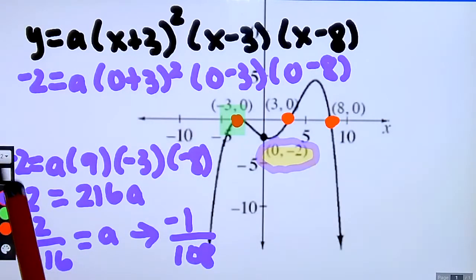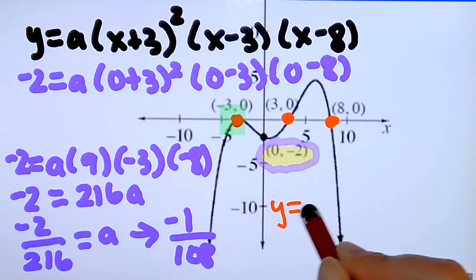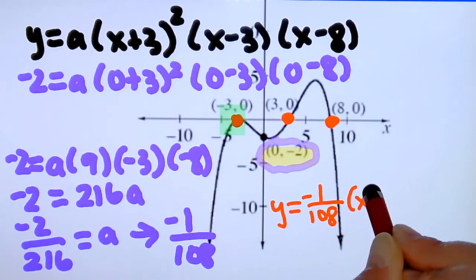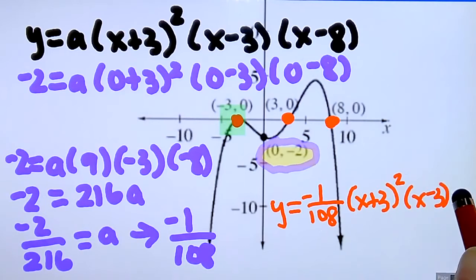Here I'm going to do it in red so you can see the answer. So I'm going to have y equal -1 over 108 times x plus 3 squared times x minus 3 and x minus 8.